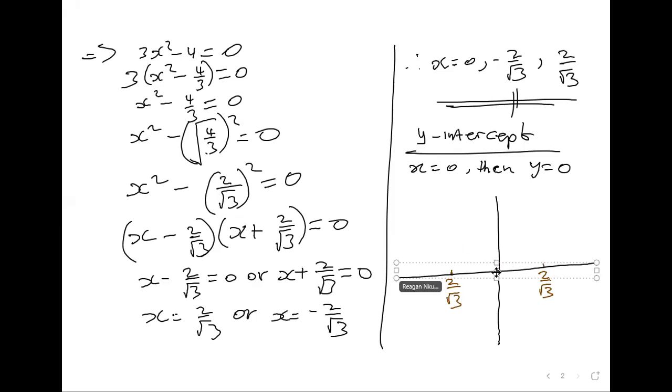Between this point and that point, get the value of x in between, substitute it into the given function, and obtain the value of y. You're going to obtain a negative value, so your turning point will be below.